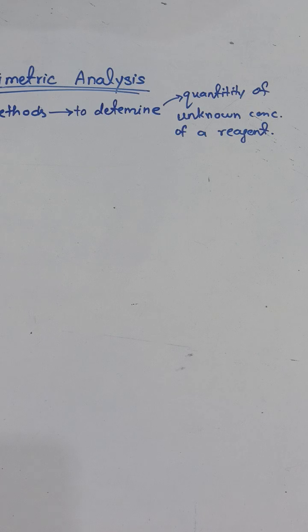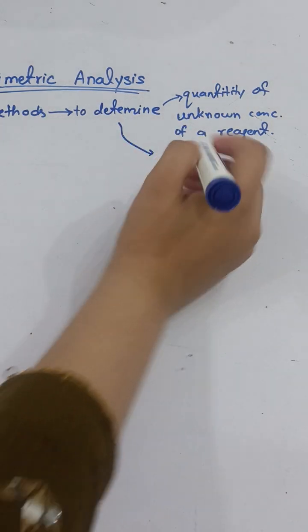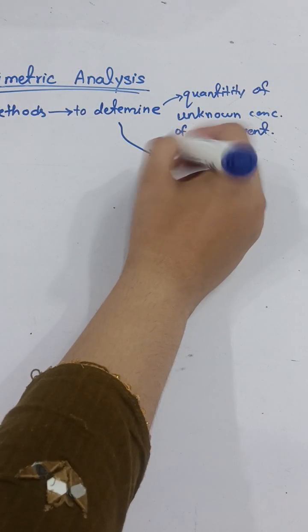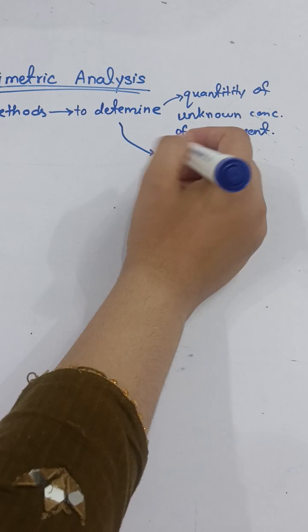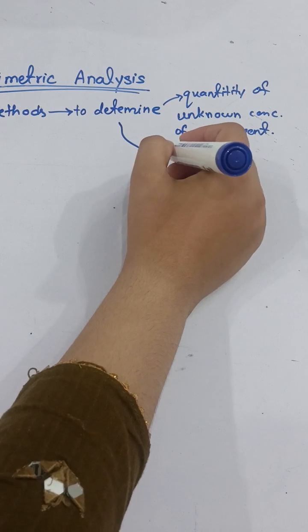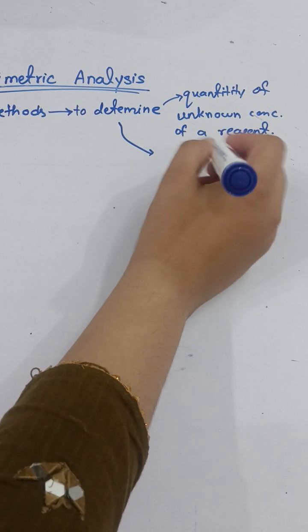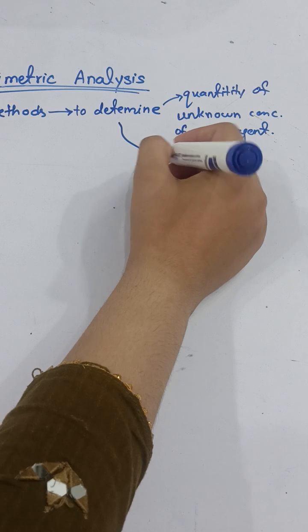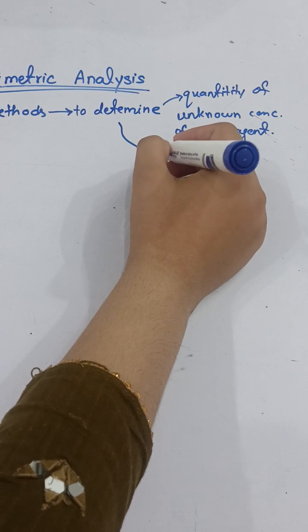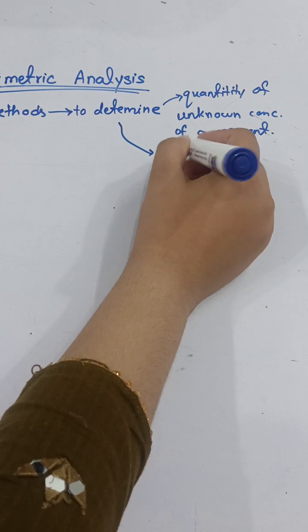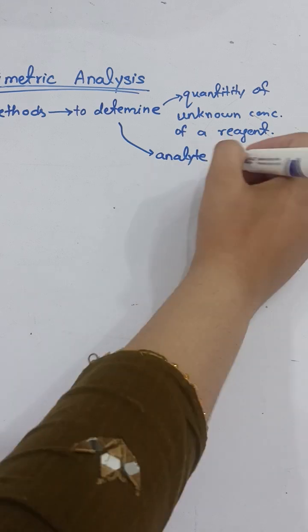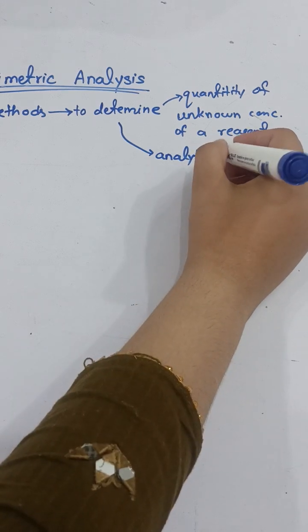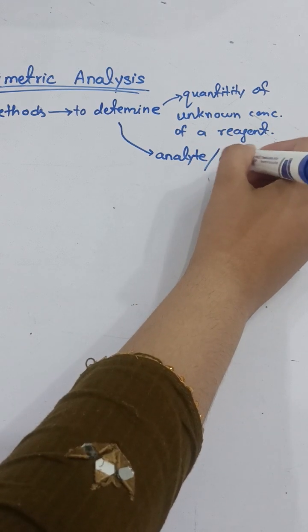And how do we determine it? We react this reagent with another reagent whose concentration is known to us. So we react it with some analyte, and we know its concentration. Okay, we know its concentration.